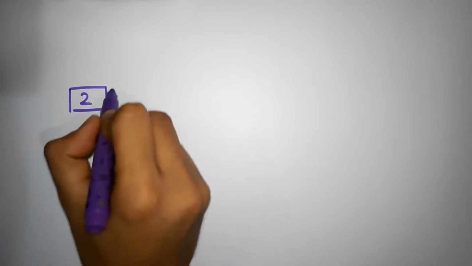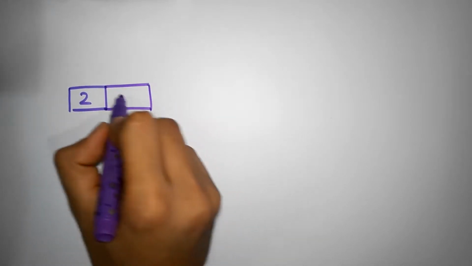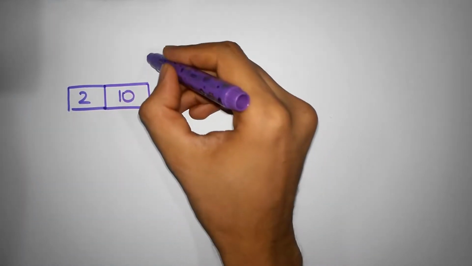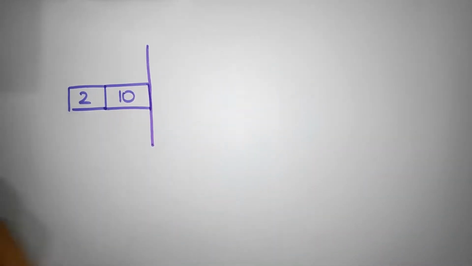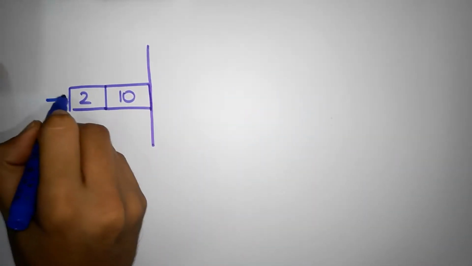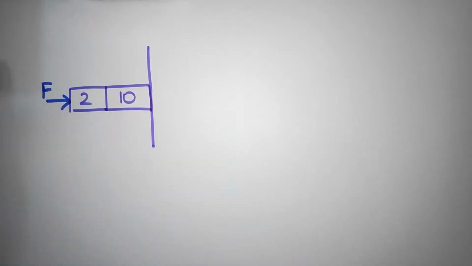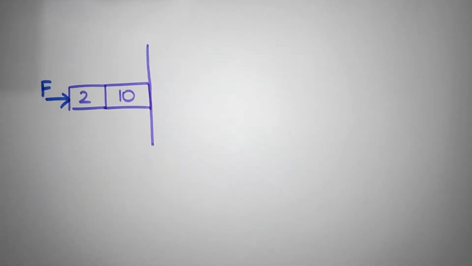We have 2 kilograms over here, we have 10 kilograms over here, and there's a wall this way, and we have to apply a force in this direction. Okay, and friction coefficients are also given to us.